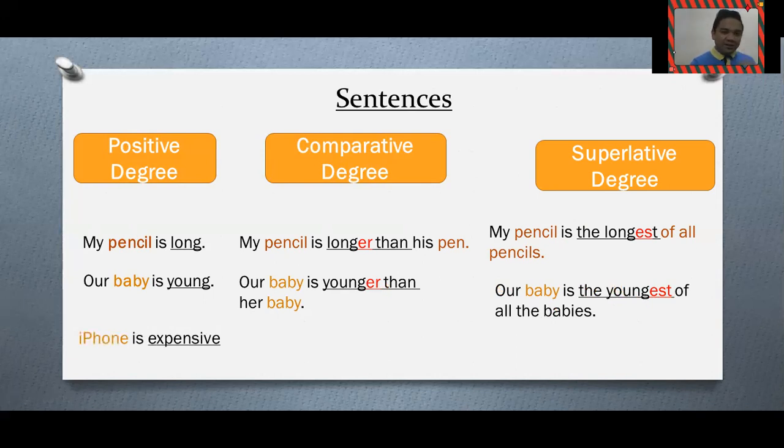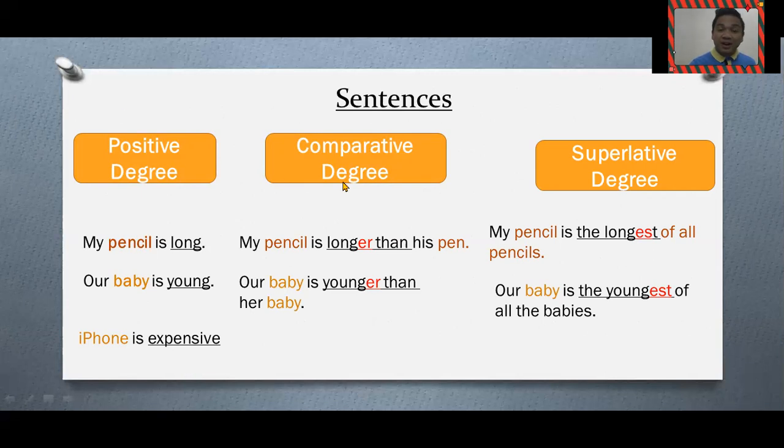Okay. Another example, iPhone is expensive. So take note, how many syllables are there in expensive? Expensive, so three. So if the adjective has two or more syllables, you have to add what again? Okay, very good. You have to add more.